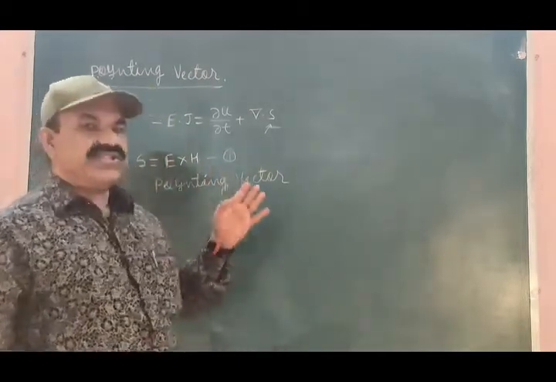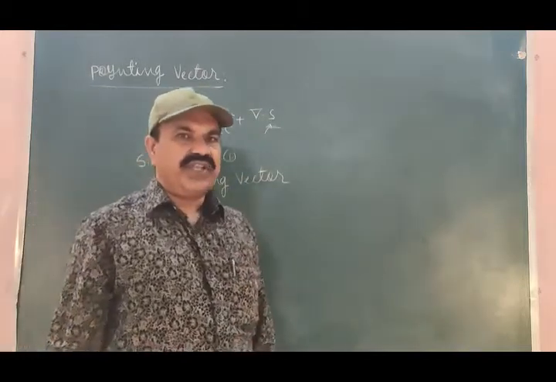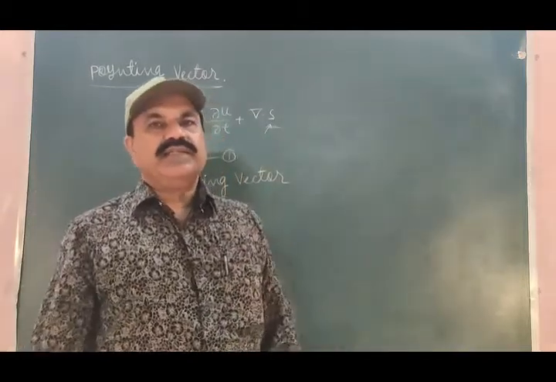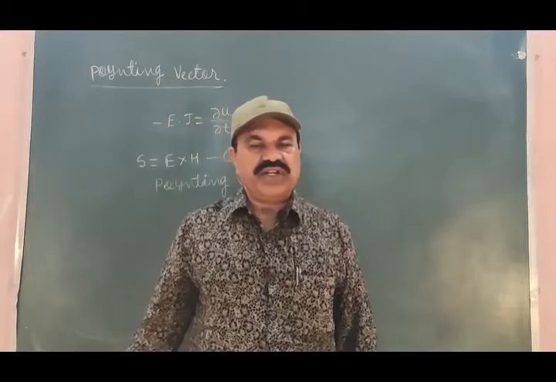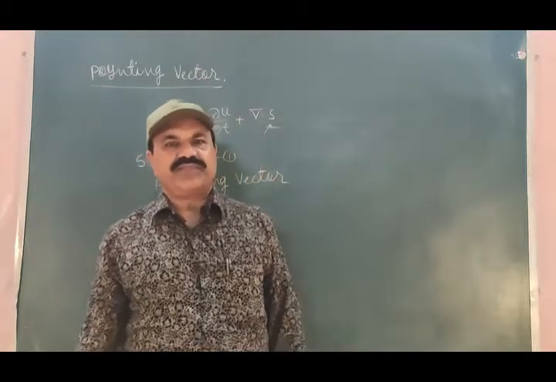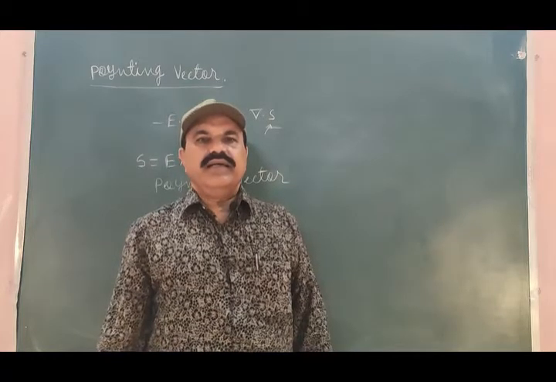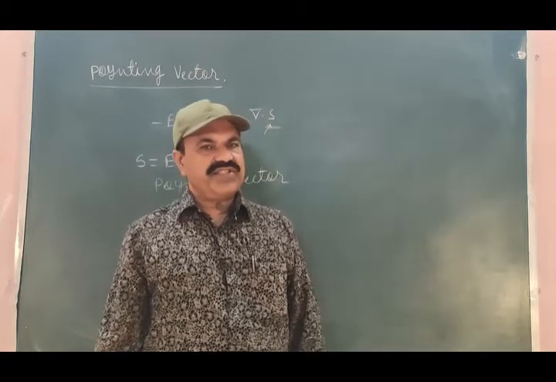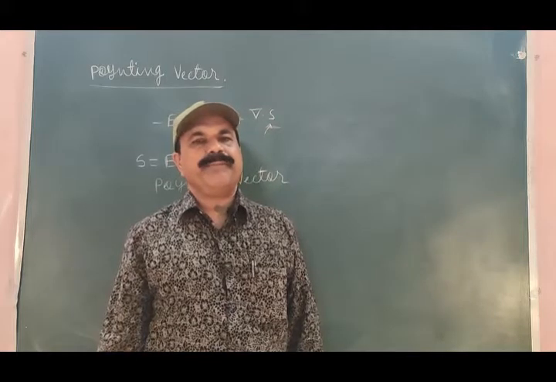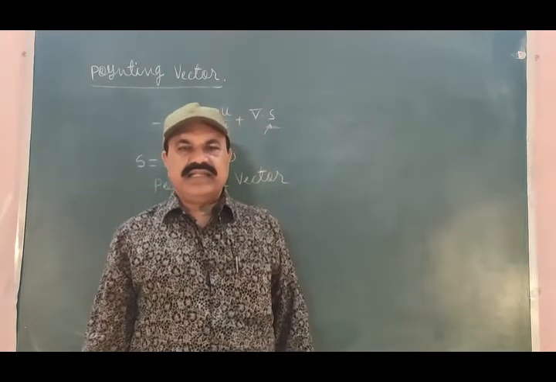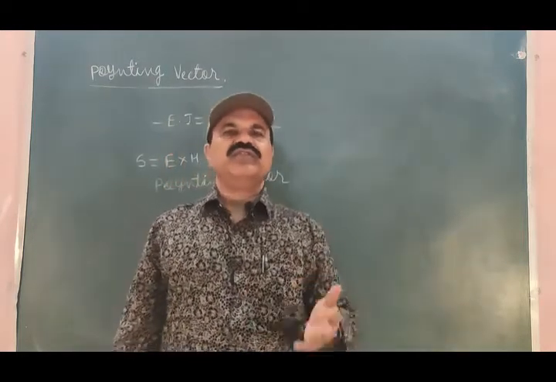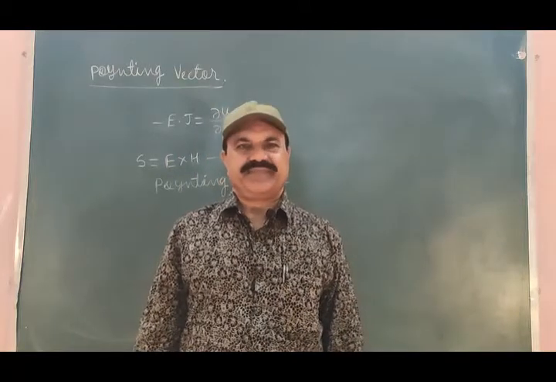So, S is equal to E cross H is the Poynting vector, and now we know the meaning of this Poynting vector. It is mainly used to study the transmission or flow of electromagnetic energy.